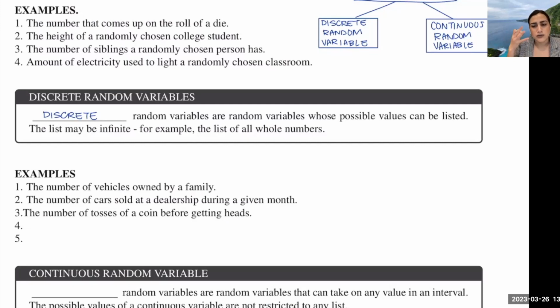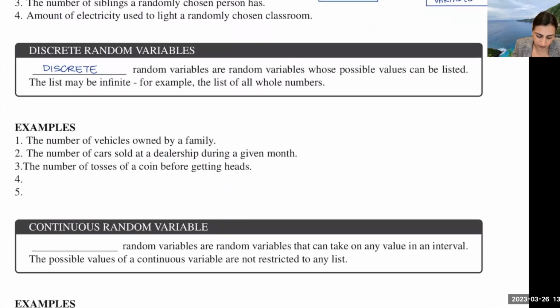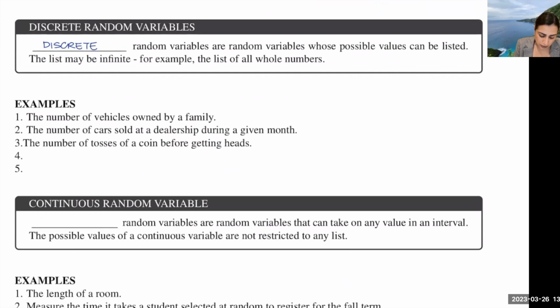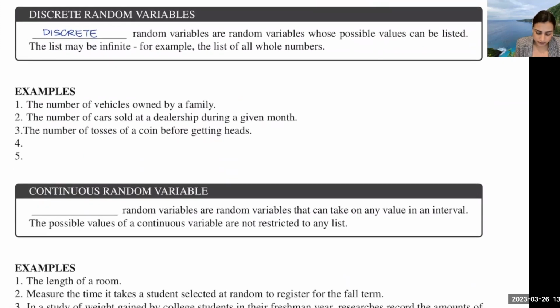All right, so again, they're usually going to be whole numbers, not necessarily, but if they are decimals, they should be nice decimals that we can still list, like 1.1, 1.2, 1.3, 3.2, so they have to be nice numbers in order for us to be able to list them if they're going to be discrete random variables. Another example of a discrete random variable would be the number of pets a family owns. Right? You can own 1 pet, you can own 2 pets, you can own 19 pets.